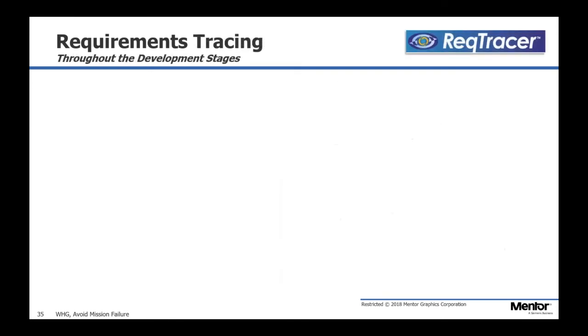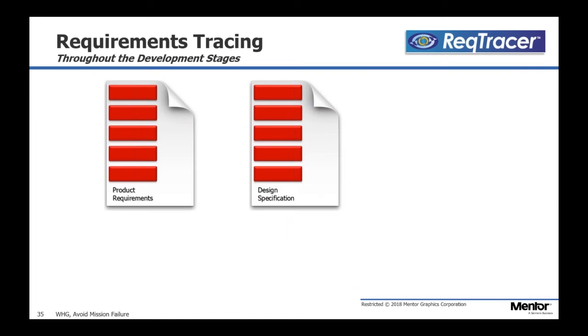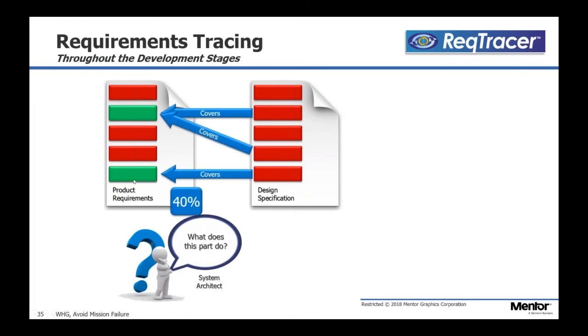There is a tagger within ReqTracer that allows you to go into a Word document, select a set of text, and say that is a requirement. It will generate a unique identifier string. There's also a coverage tool that allows you to create the coverage directives and to place attributes on that requirement. Right now, I have a product requirement at the highest level.